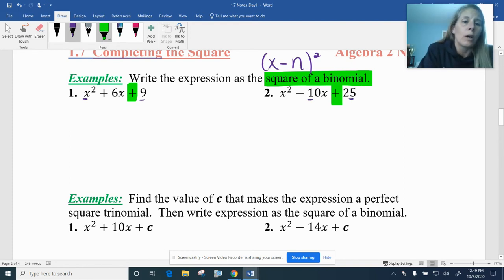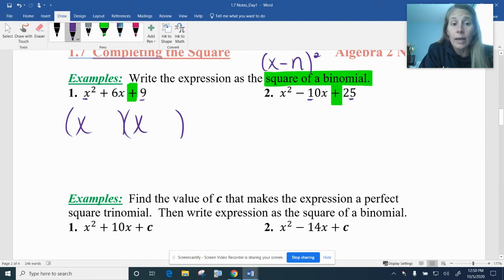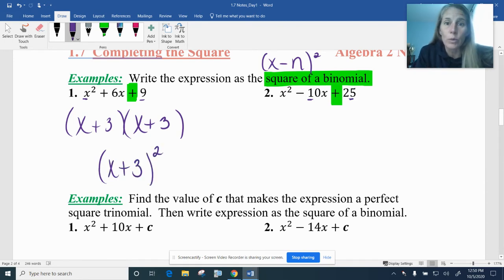Okay, so for example, when you are factoring, just doing the regular traditional factoring, you would say what two numbers multiply to get 9 and add up to get 6, and it would be positive 3 and positive 3. You see how you get the same thing twice. That's because this is a perfect square trinomial. So because of that, you know it's just going to be x plus 3 squared.